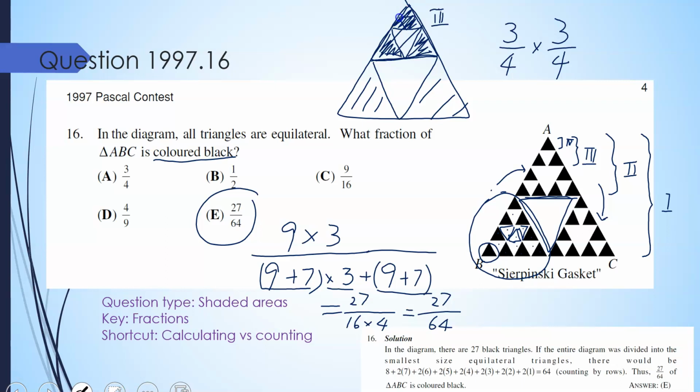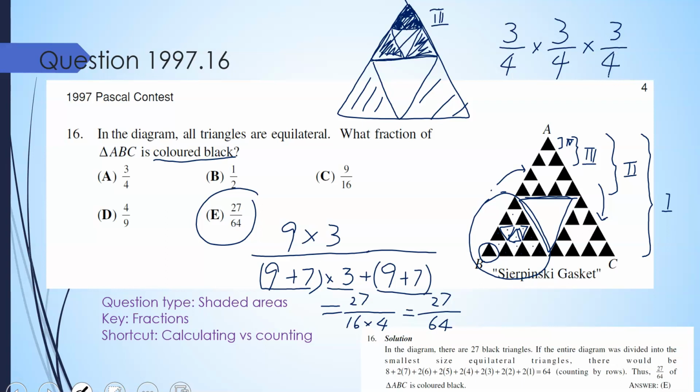It does have the top portion, bottom left portion, and bottom right portion shaded. The middle one is still white. Not a problem. So that's also 3/4 shaded.